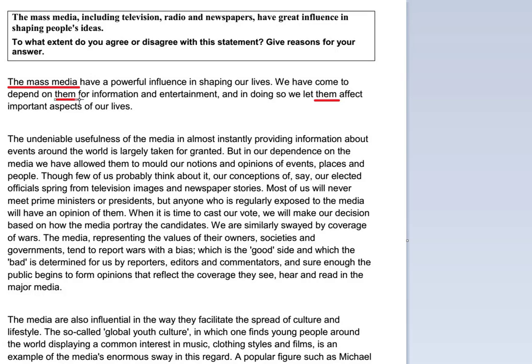This is more of a lexical issue, but it is a problem. I just noticed now. Okay, anyway. Unnoticedness. In our dependence on the media, we have allowed them to mold our notions.